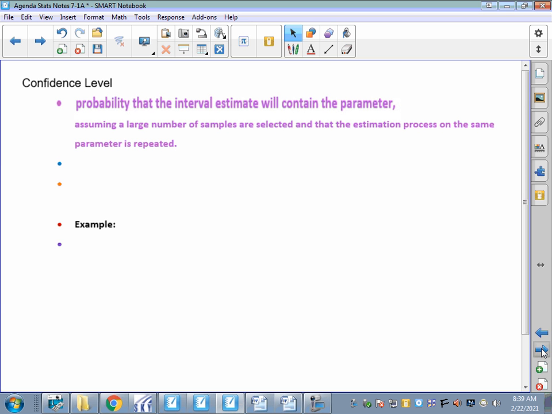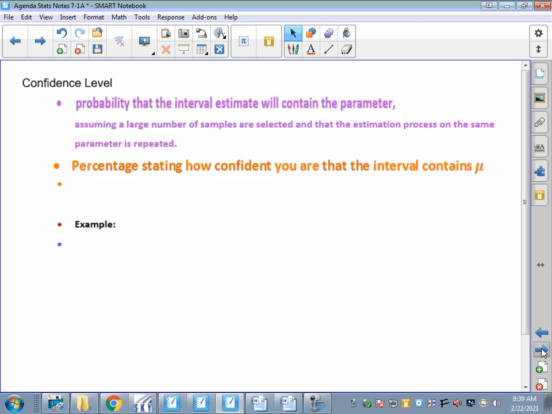So remember, I left the fine print in there. There's a large number of samples, at least greater than 30, and I used the same estimation process. I did everything consistently. A confidence level is actually a percentage stating how confident you are that your interval contains mu.